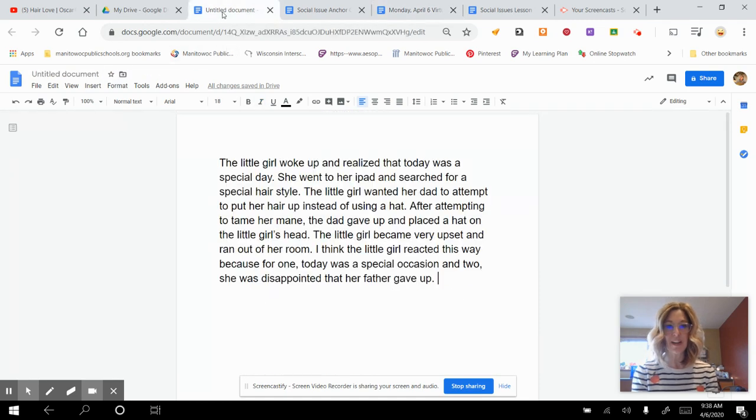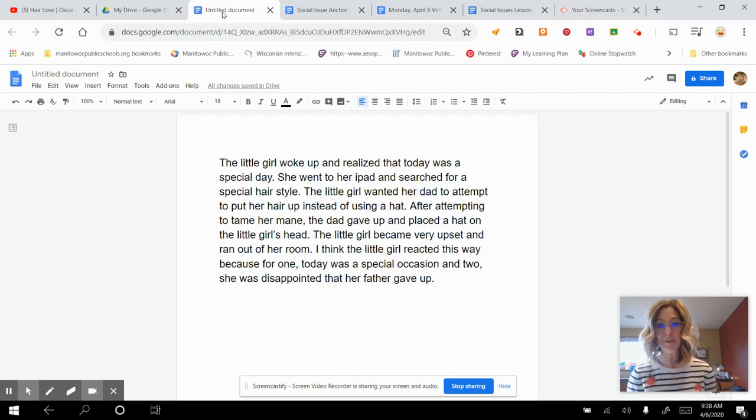And you can try to do it kind of like I did. The little girl woke up, realized that today was a special day. She went to her iPad and searched for a special hairstyle. The little girl wanted her dad to attempt to put her hair up instead of using a hat. After attempting to tame her mane, the dad gave up and placed a hat on the little girl's head.